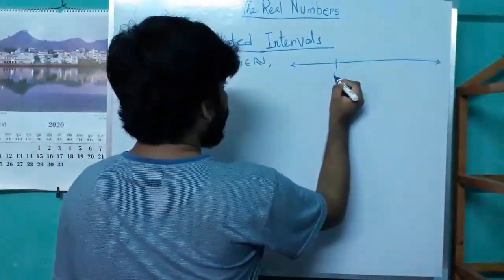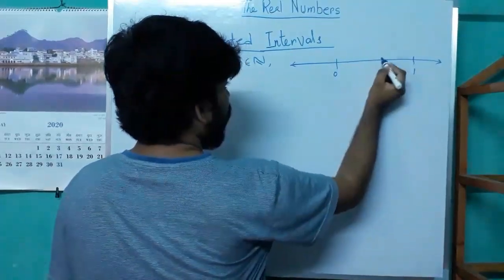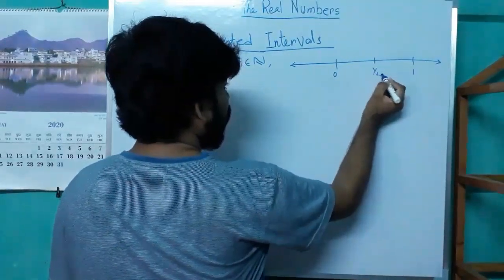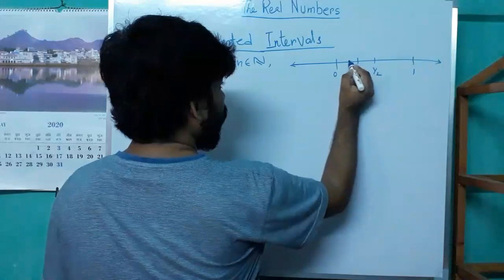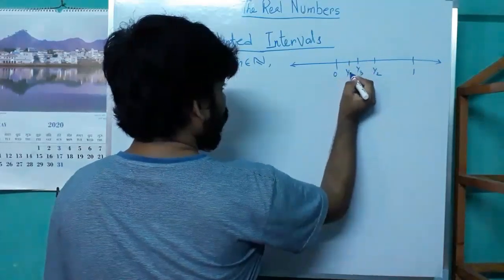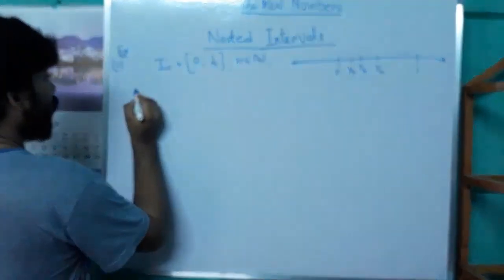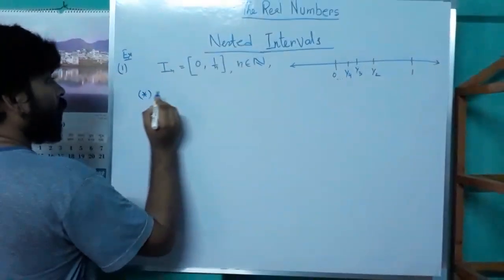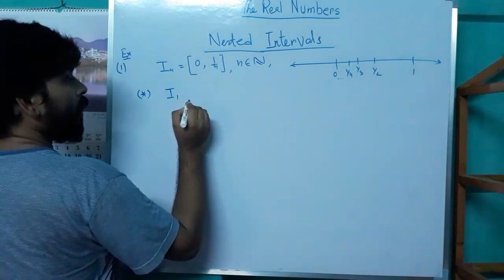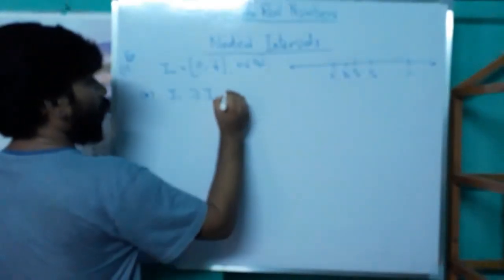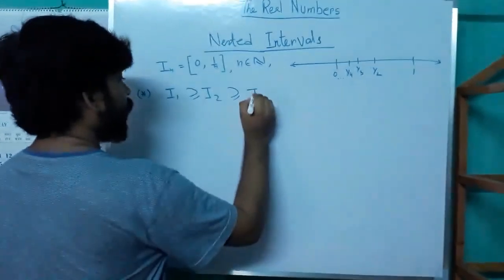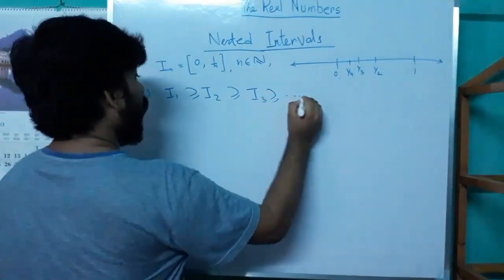So this is 0, this is 1, this is a half, this is 1/3, this is 1/4, and onwards. So obviously I1 is a superset of I2, which is a superset of I3 and onwards. So this collection is nested.